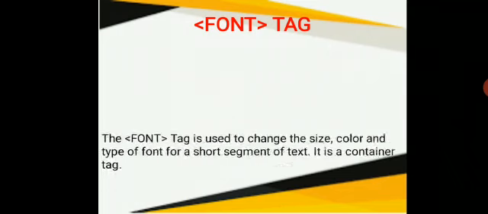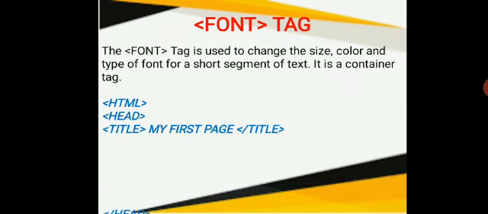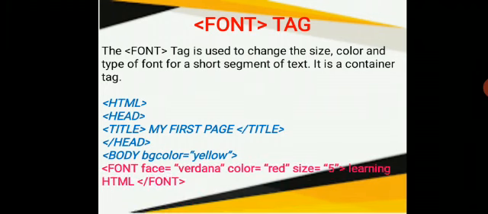Font tag. The font tag is used to change the size, color and type of font for a short segment of text. It is a container tag. To specify the attributes of font tag, we make use of face, color and size.